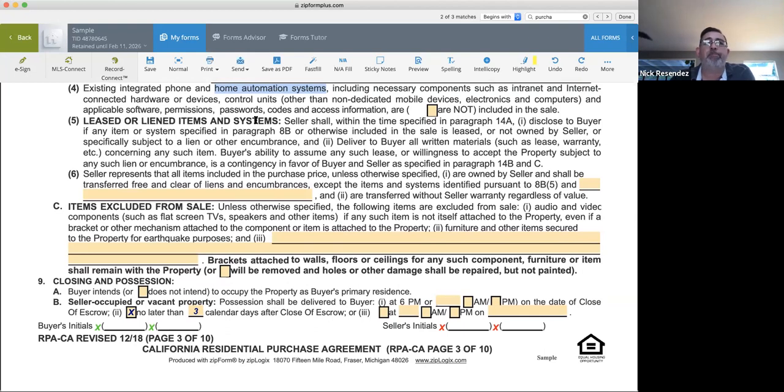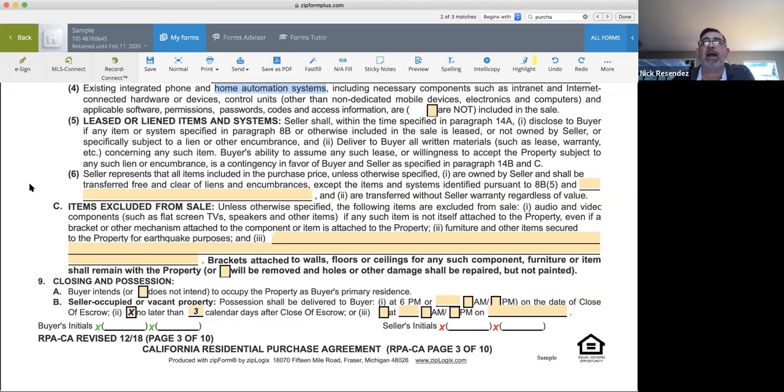Sometimes you can get these loans, which I think most of them have been discontinued, but these PACE and HERO loans to upgrade the windows or put new insulation or get an AC unit that's energy efficient or whatever. And these loans become liens against the property, or these solar systems might be leases that have to either be assumed by the buyer or bought out by the seller.